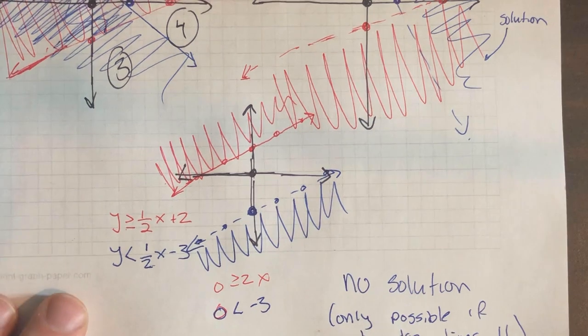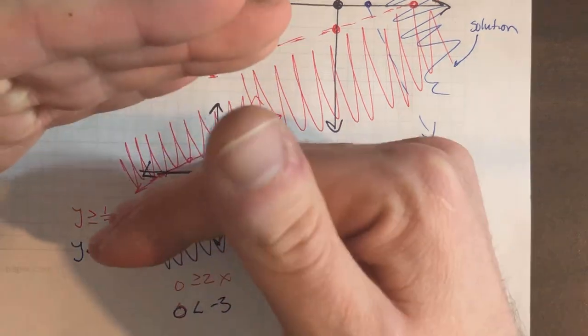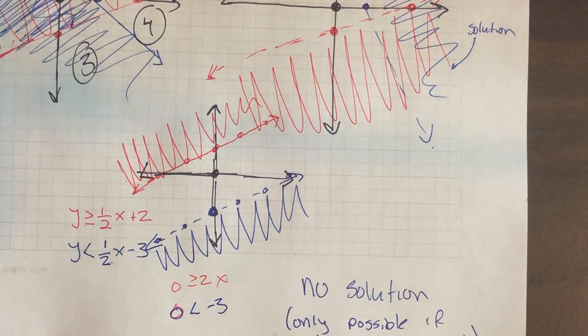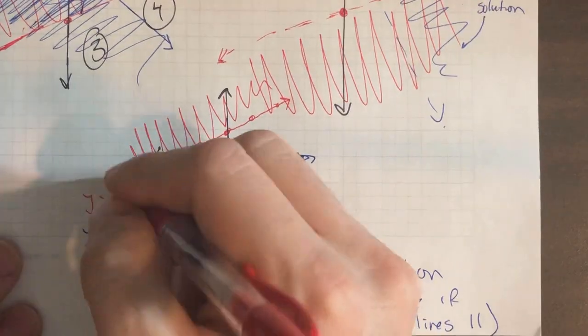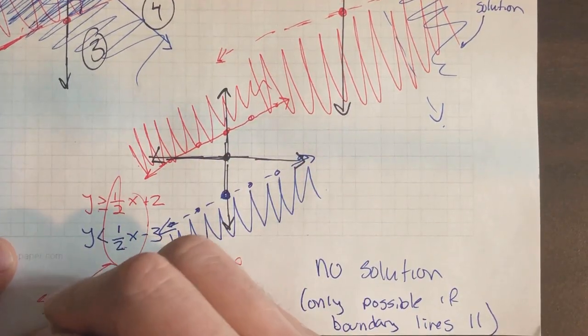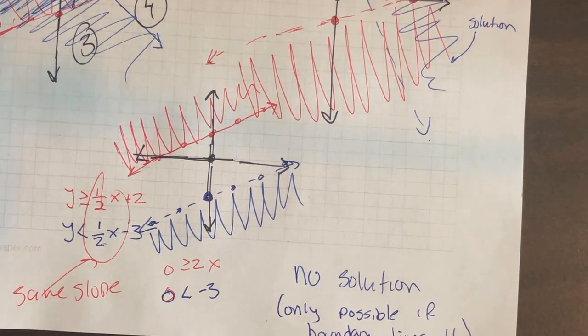However, parallel lines never touch, never meet. So therefore, that's going to be a case where either they'll shade outside or inside. And remember, parallel lines always have the same slope. Okay, that's how you know you got a parallel line.